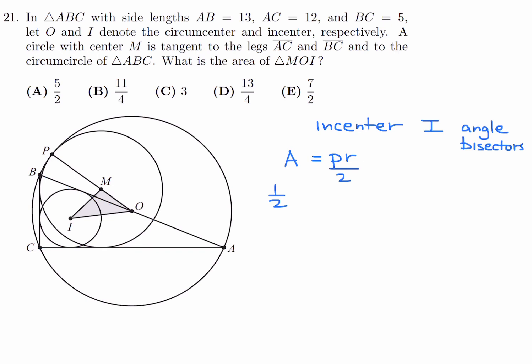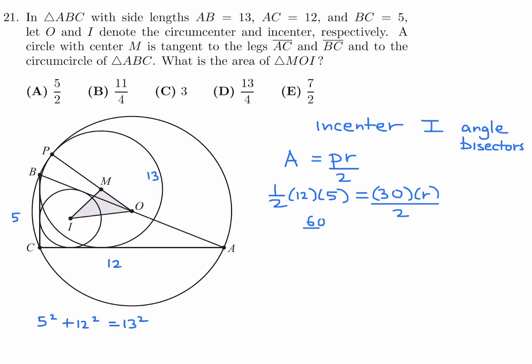And since the dimensions are 5, 12, and 13, that is right, because 5 squared plus 12 squared is 13 squared. So 1/2 base times height is 1/2 times 12 times 5. And the perimeter is just 5 plus 12 plus 13, which is 30. And then r, which is what we're trying to figure out, over 2. So this looks like 60 divided by 30 is equal to r, and therefore r is equal to 2. So the radius is 2.